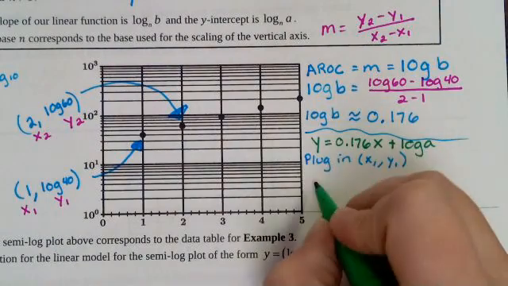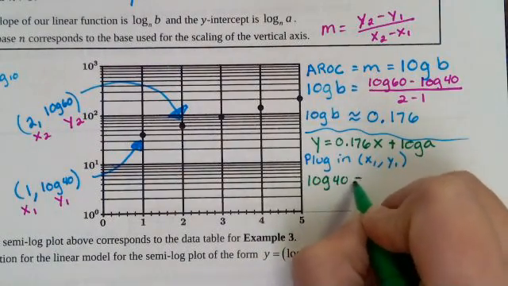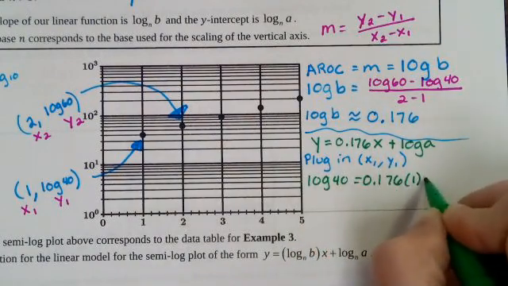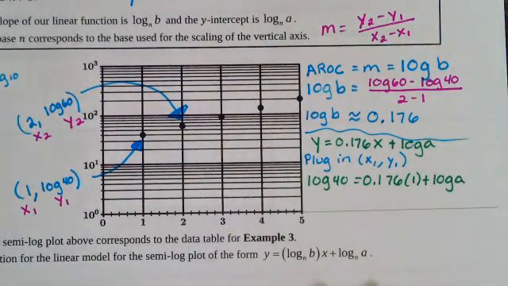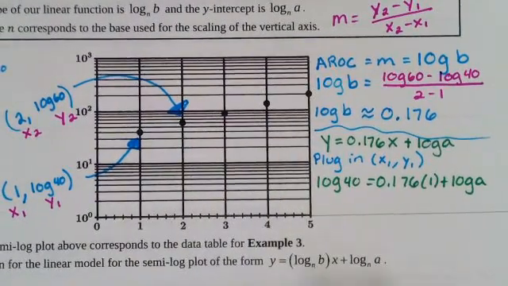The y value we're using here would be log of 40. Then we have 0.176 times the x value plus log of a. Well, in order to solve this, we're going to need to subtract.